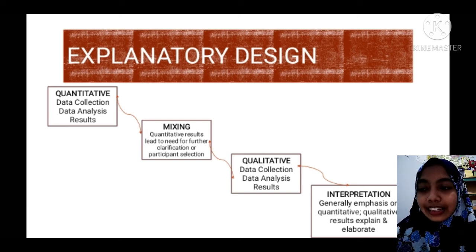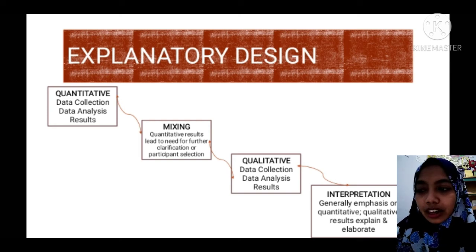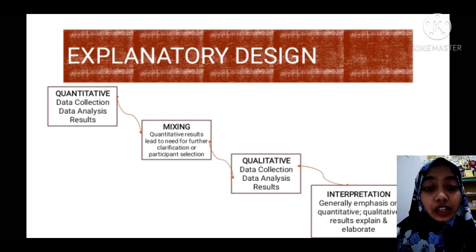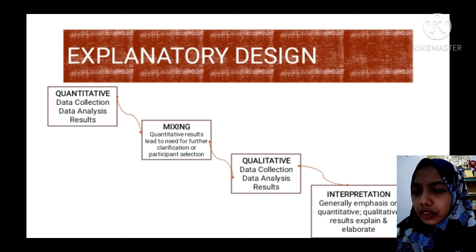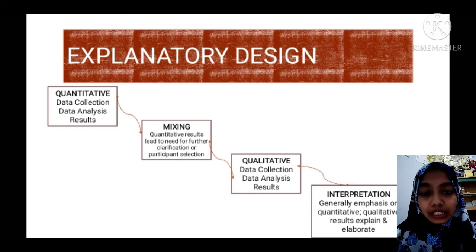Explanatory design is the most straightforward mixed method design. Why is it called explanatory? Because, as the name suggests, qualitative findings are used to help explain, refine, clarify, or extend quantitative results. Quantitative and qualitative data are collected and analyzed in sequence.